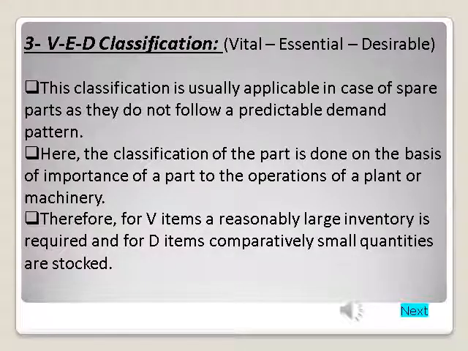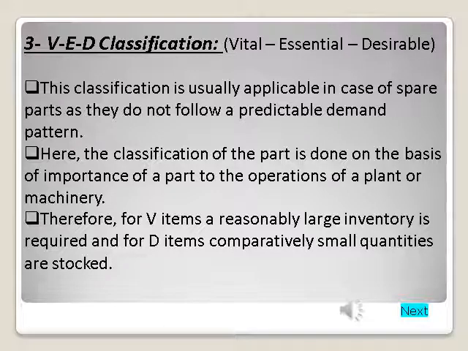These slides portray the classification based on being vital, desirable, or essential. Quite often, this classification applies to spare parts, because with spare parts the issues or usages are very little, but there are so many. These are the spare parts used for a big machine.